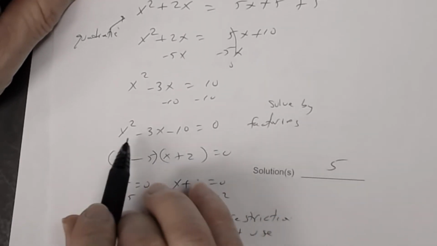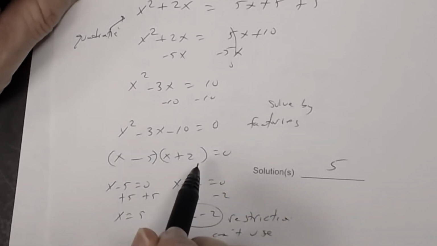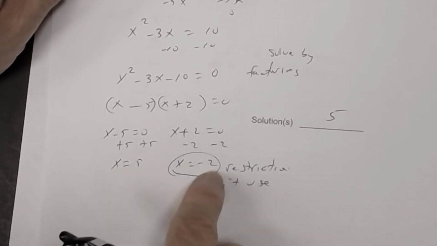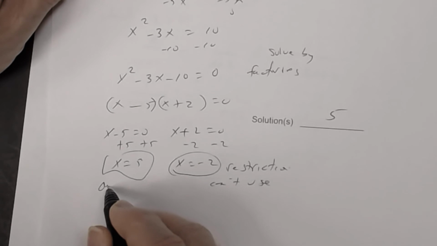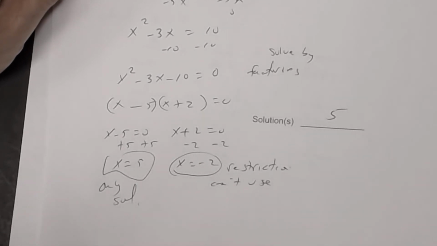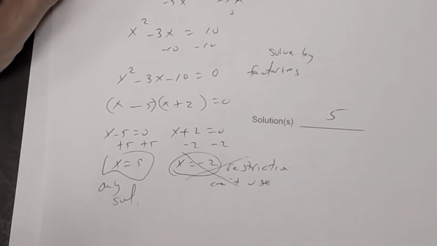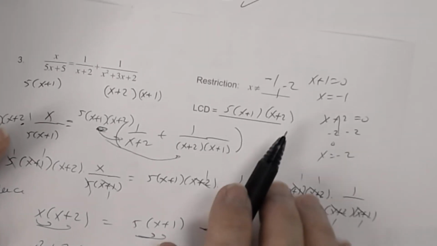And so you bring everything to one side, so that's standard form. You factor, use the zero factor property. So you get these two proposed solutions. This right here is a restriction, so x equal 5 is the only solution. That's the only solution. So we can't use this. This is not going to be part of our solution. So that's why you don't see it here, because negative 2 is a restriction.